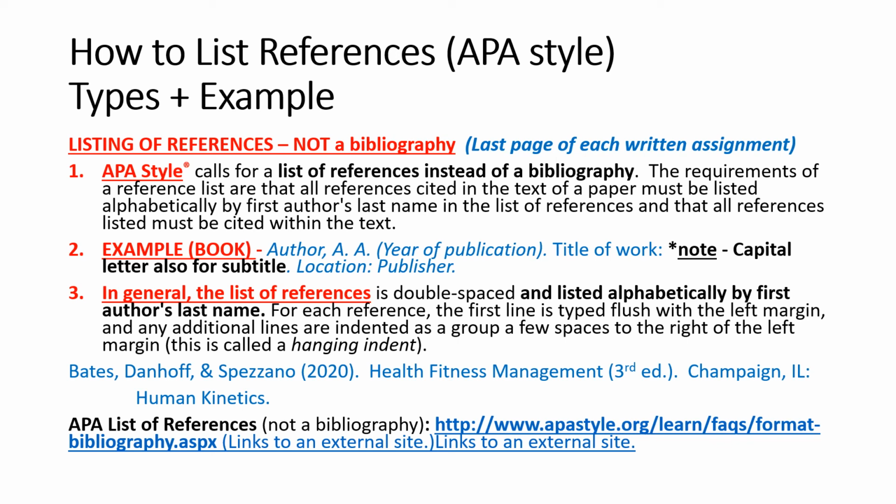Key point here is you need the 3rd edition. Also note here, you use capital letters for the subtitles if there isn't one. Then once you've done the title, you'll do a period, and then you need to do the location of the publication and then the publisher itself. So those are the key components when we're using a textbook.